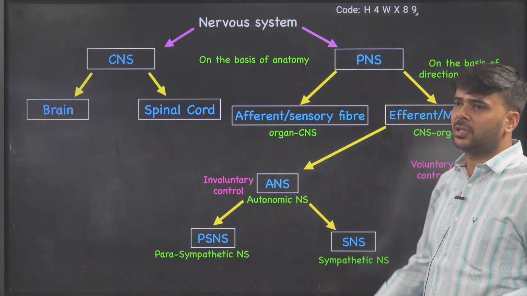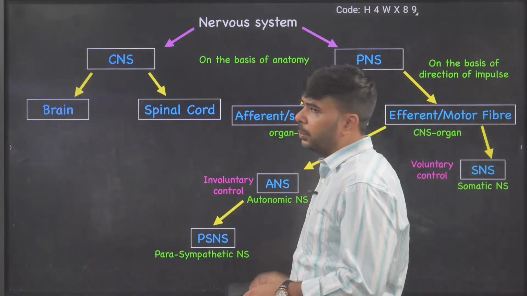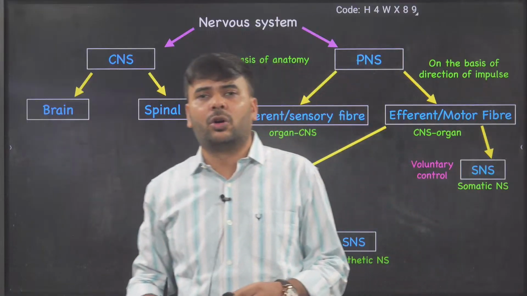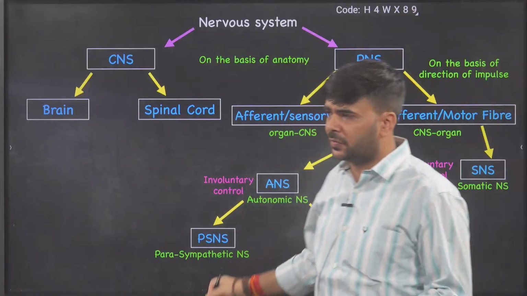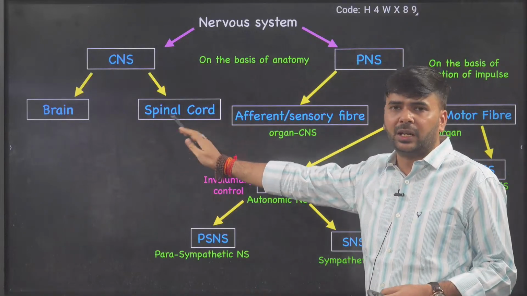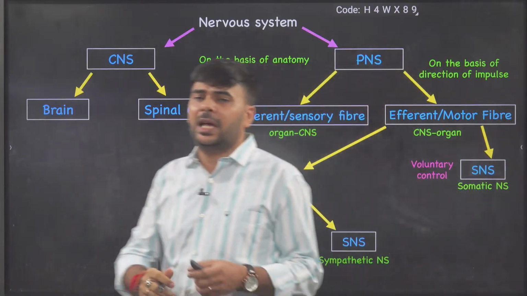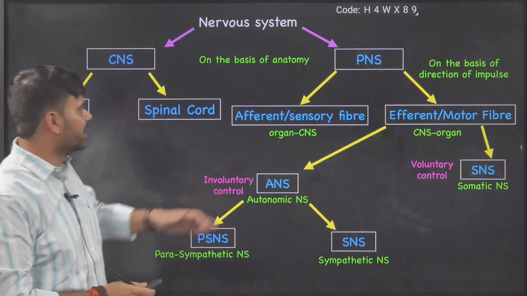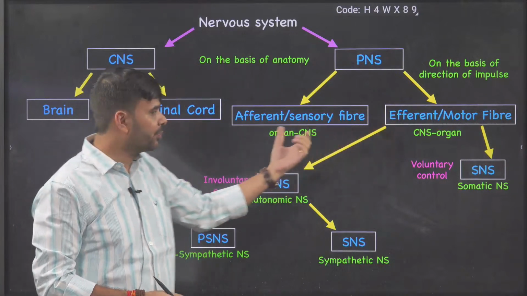Classification of nervous system, first it is based on the basis of anatomy. Anatomy meaning we discussed last class the CNS, PNS classification. CNS mainly brain and spinal cord, PNS afferent and efferent. Afferent and efferent, what is the difference? Afferent incoming, efferent outgoing.